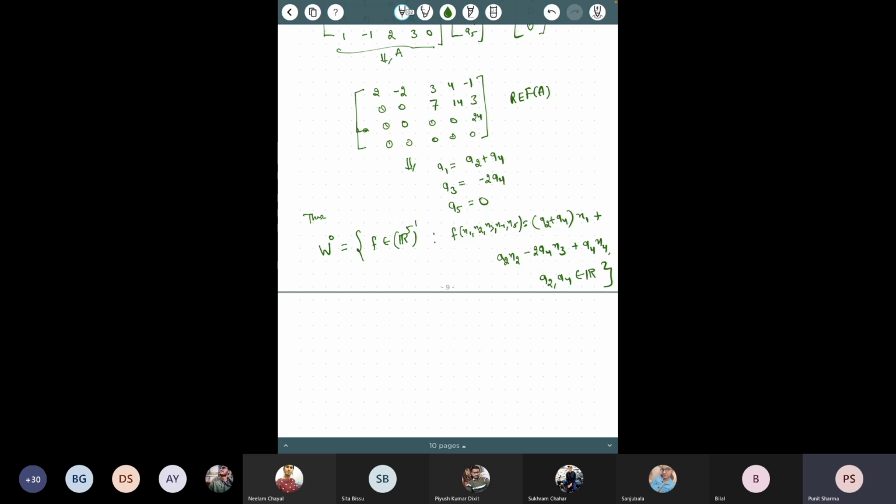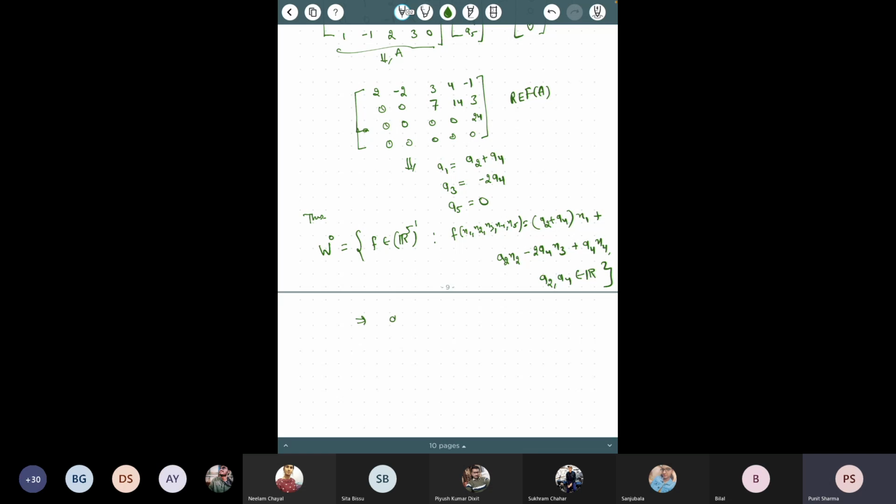So now this set is in fact a subspace of R5 dash which annihilates W. Now can you tell me what would be the dimension of this W naught? 2, sir.